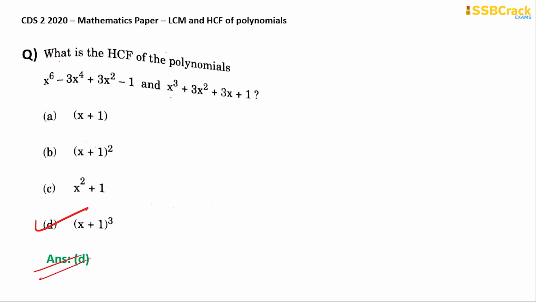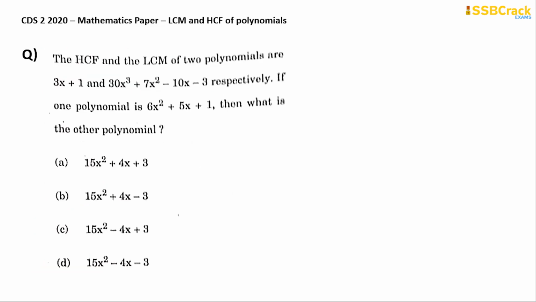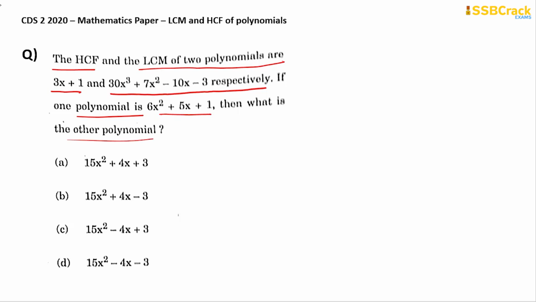Alright, so here now we begin with the next question that was based upon the LCM and HCF of polynomials. The HCF and the LCM of two polynomials are 3x plus 1 and 30x cube plus 7x square minus 10x minus 3 respectively. And if one polynomial is known to you, which is quadratic polynomial, then what is the other polynomial from the options?